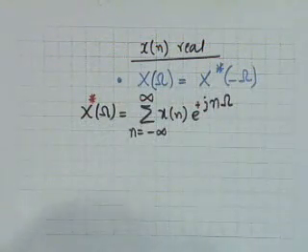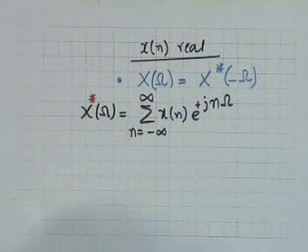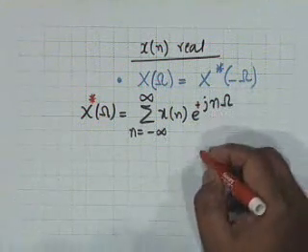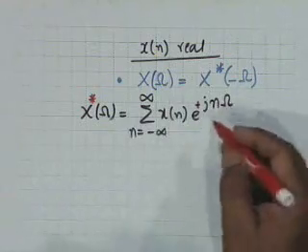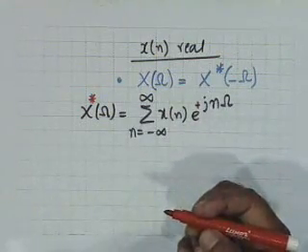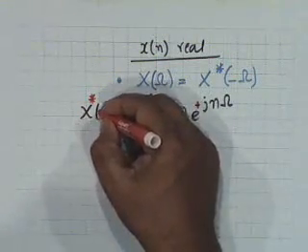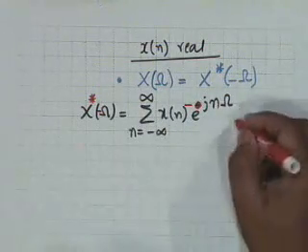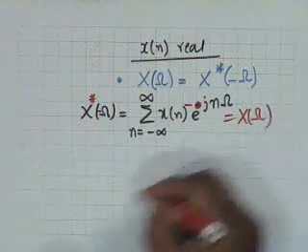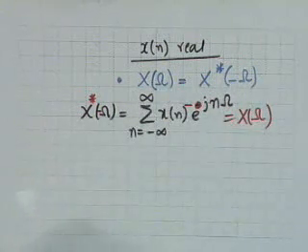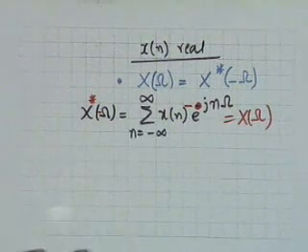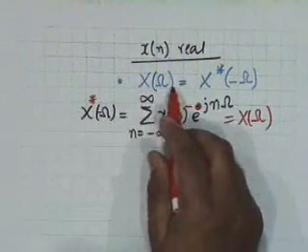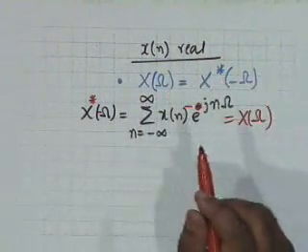Is that okay? And if I now change omega to minus omega, then this sign again changes to minus, which is precisely equal to capital X of omega, and therefore the theorem is proved. Alright? X of omega is the same as x star of minus omega.